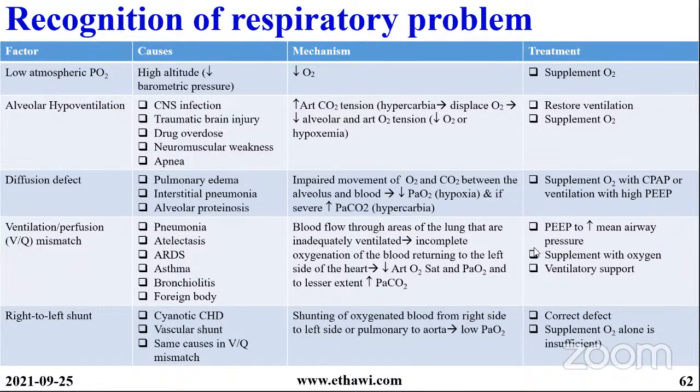Okay. And then we have the shunt, right to left shunt. Right to left shunt means cyanosis. It can be through congenital heart disease, such as aortic stenosis, pulmonary stenosis with VSD or TOF, or coarctation of the aorta with shunt, or Eisenmenger syndrome, and other congenital heart disease.